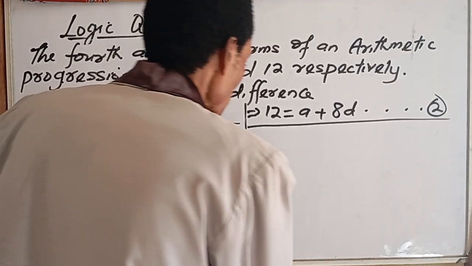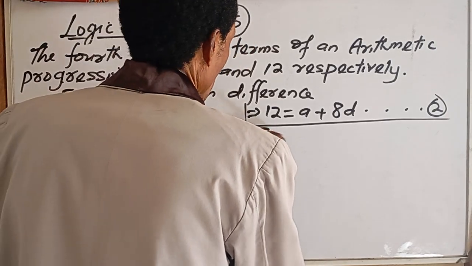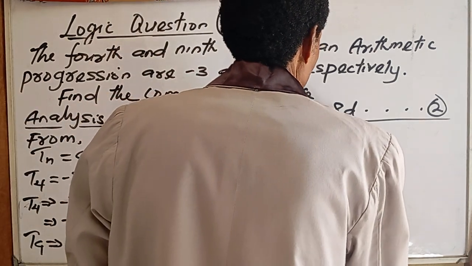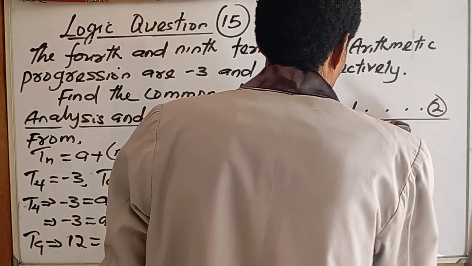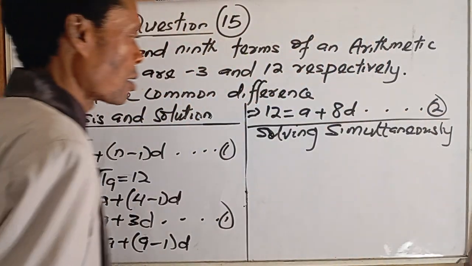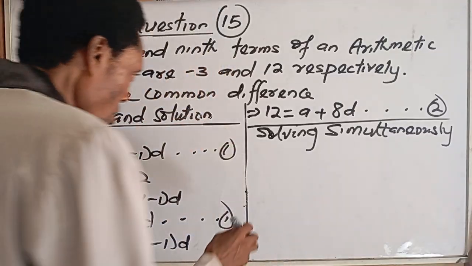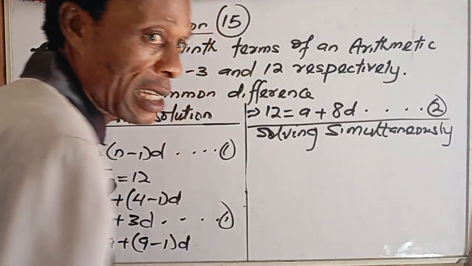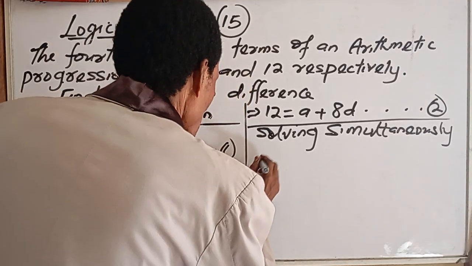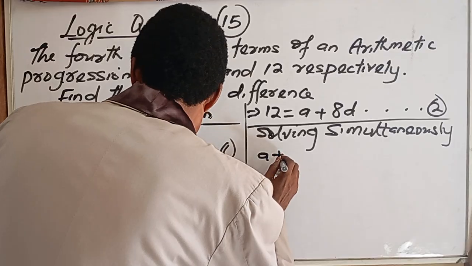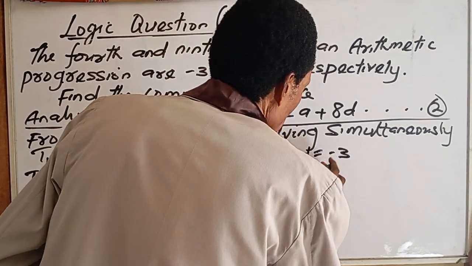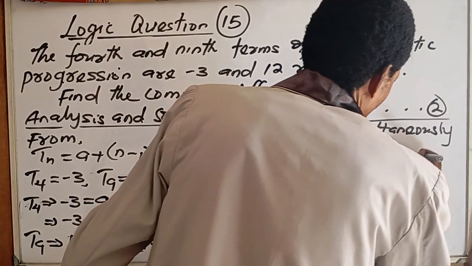So, solving simultaneously, let me rewrite them. The first one, equation 1: A plus 3d equals -3.